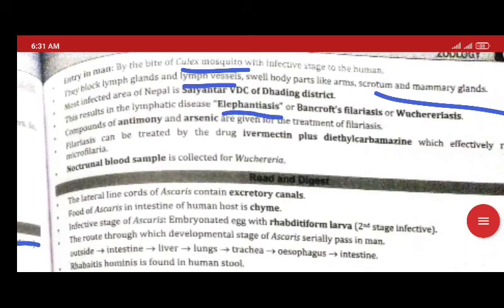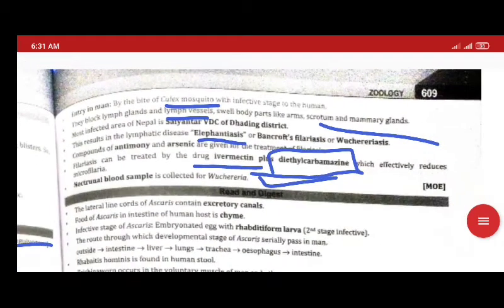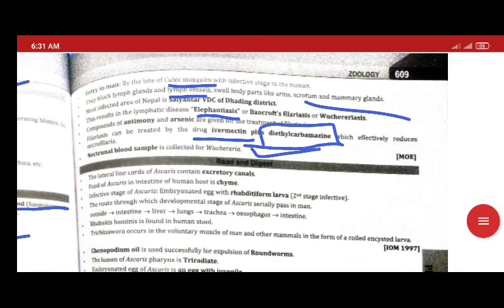A nocturnal blood sample is collected for examination, and this disease can be treated by the drug ivermectin plus diethylcarbamazine.